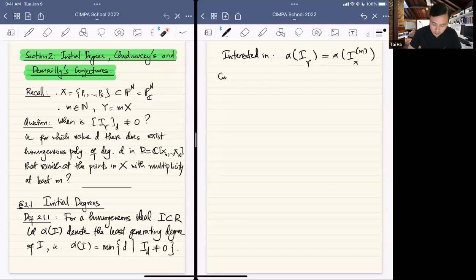I'm going to state a few of them, starting with the first one. This is the famous Nagata conjecture.